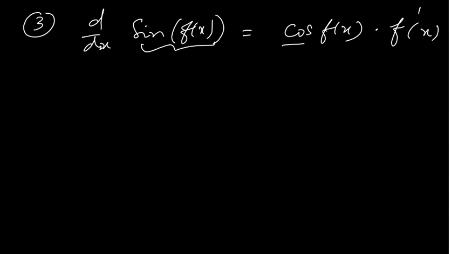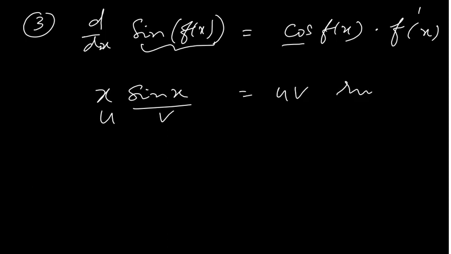Alright. So how do we identify when to use a chain rule? I have, for example, x into sin x. So should I use a chain rule? No. This is u, this is v. This is a uv rule. I have sin x square.